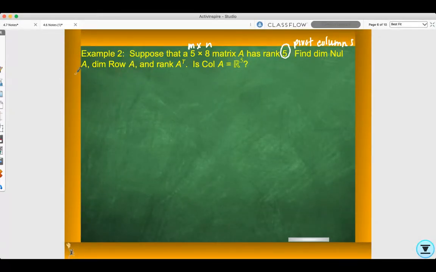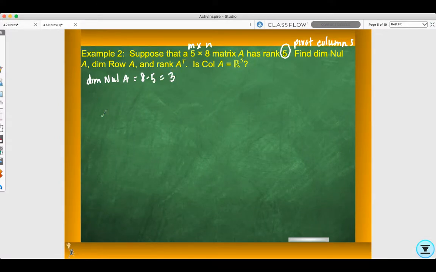So let's start with the dimension of Null A. The dimension of Null A is columns minus rank. I have my columns, which would be n right here, and I have my rank, which is 5. So this would be 8 minus 5, which equals 3.